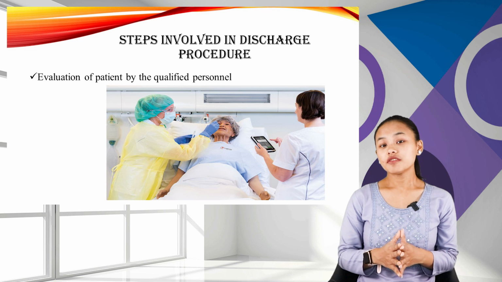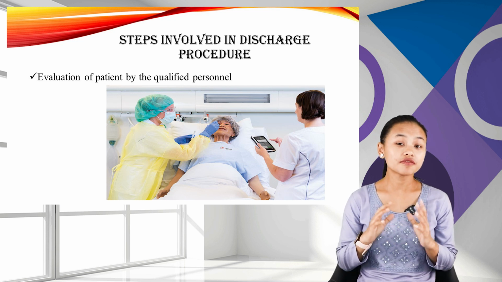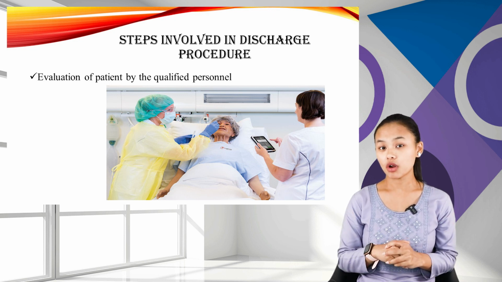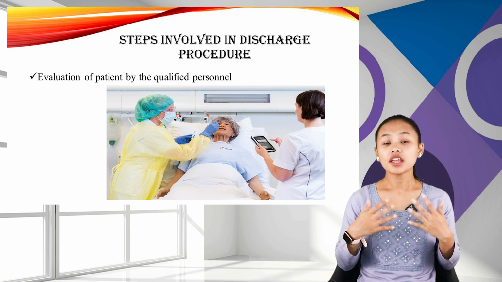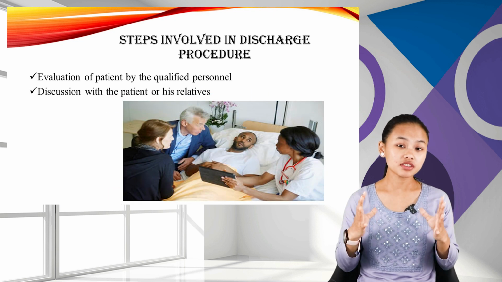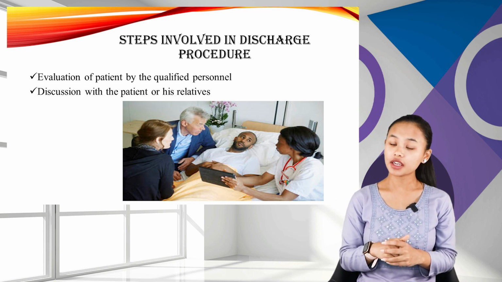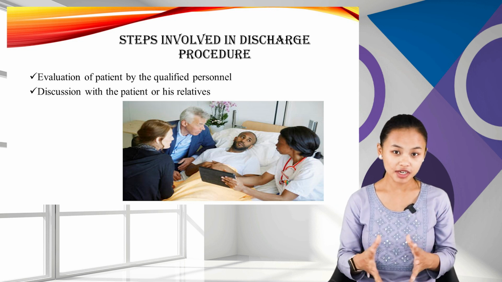Now moving on to the next one, that is the steps involved in the discharge procedure. Before we discharge the patient, it is very essential that evaluation of the patient must be done by qualified personnel. After the evaluation has been done, the next thing is there must be a discussion between the healthcare team who were responsible for providing care for this particular patient, and also a discussion with the family members.